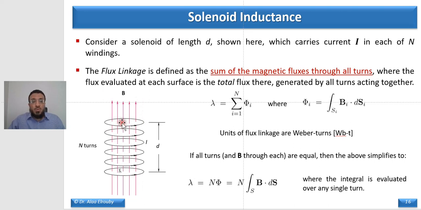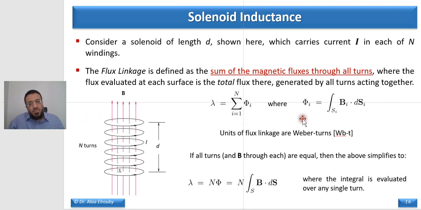So we would like to know the field generated by this solenoid. Then we find the linkage of this field with the solenoid. We can go back to the previous lecture, lecture number 4, and find the flux phi1 inside the core of the solenoid. Of course, outside the core of the solenoid, we have zero field.